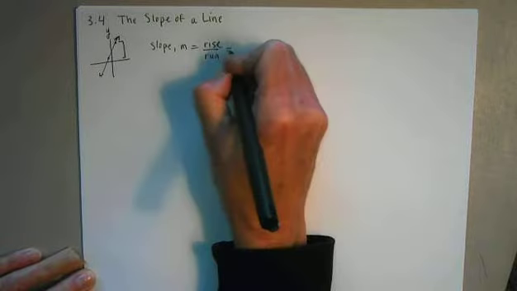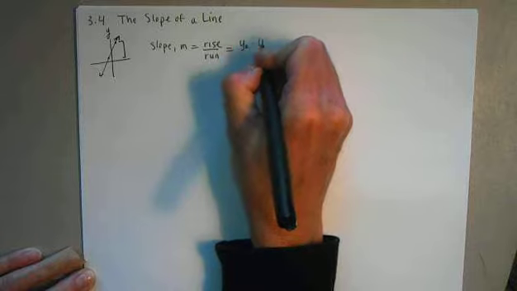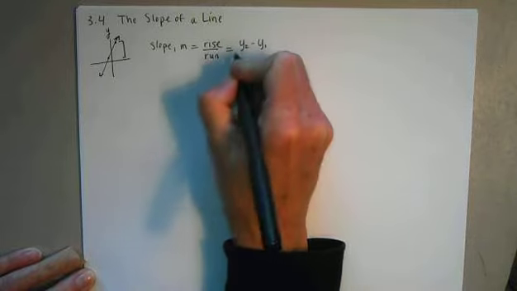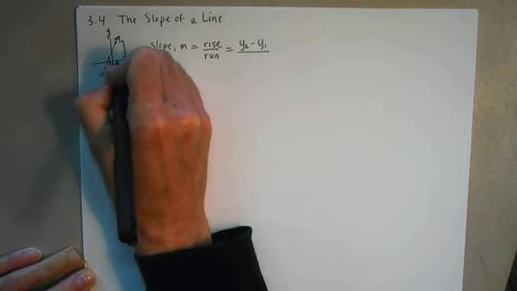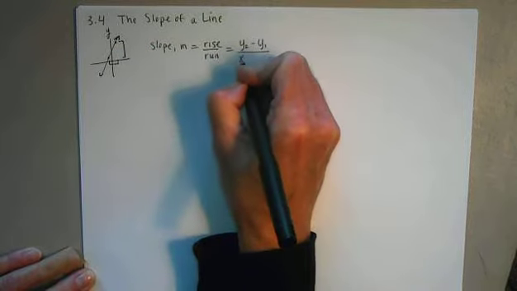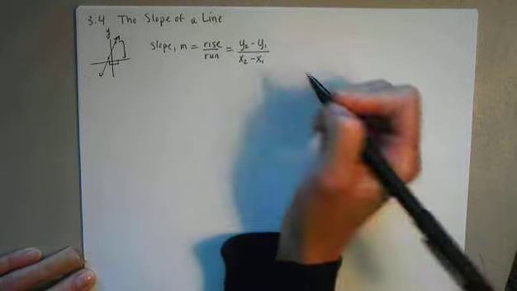So the rise is achieved by taking one y value, subtract another y value. And the run, that would be this difference right here. So that's achieved by getting the same x value, subtracting the corresponding x value.